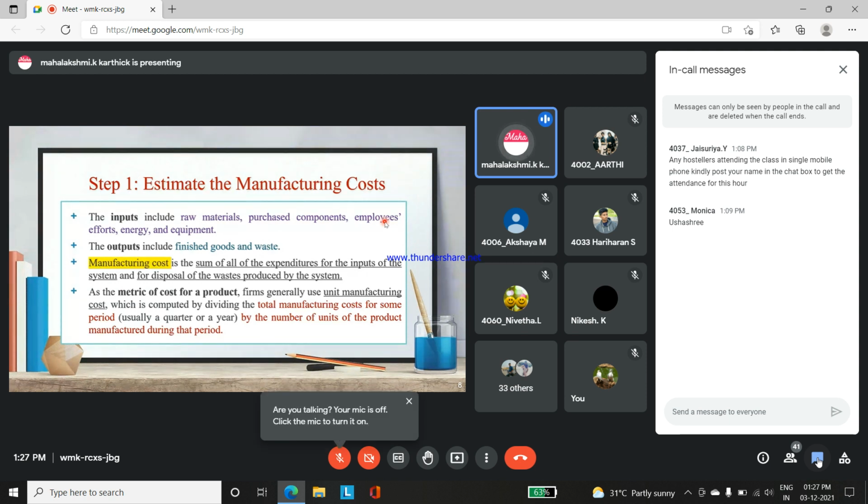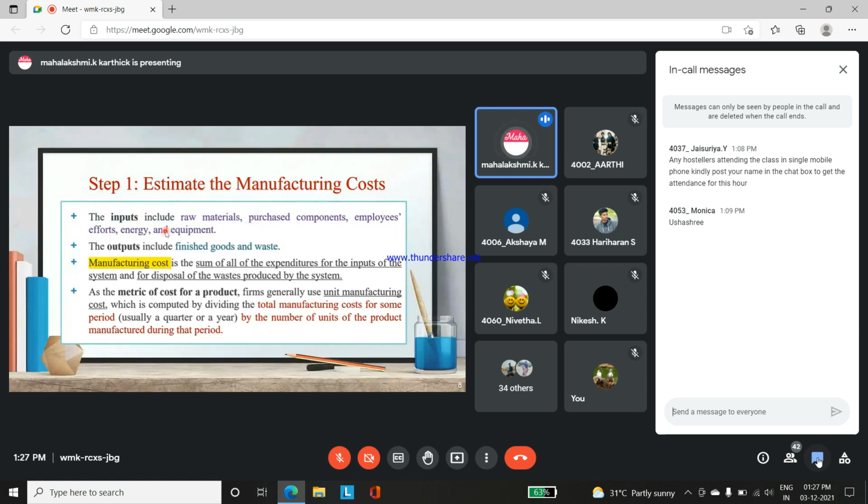Manpower is also needed if you are depending on automation, to operate those machines. So employee effort, energy, any molding or any process to be carried out, equipment you are depending on. Some energy force is needed, either hydraulic, pneumatic or mechanical, to operate that procedure to make a product. So energy, what type of energy, and equipment are needed? These are all acting as inputs.